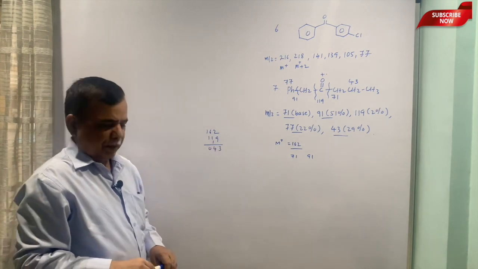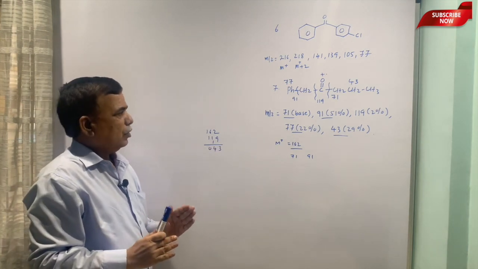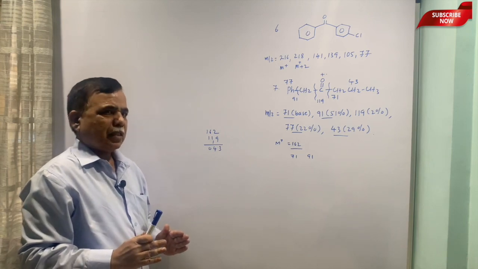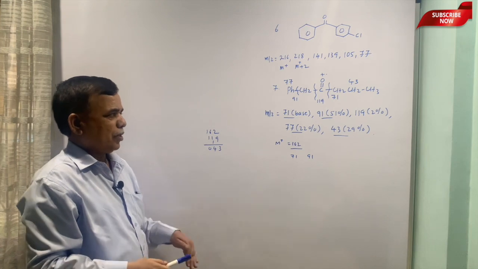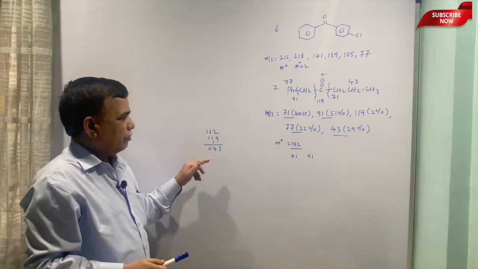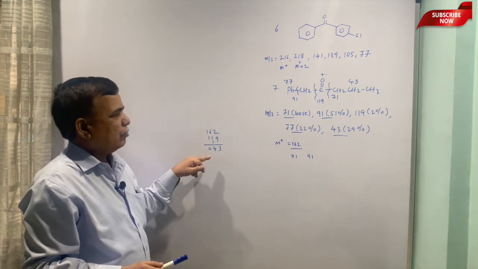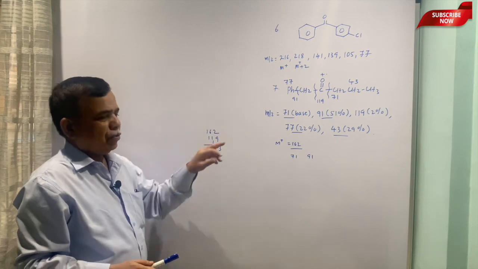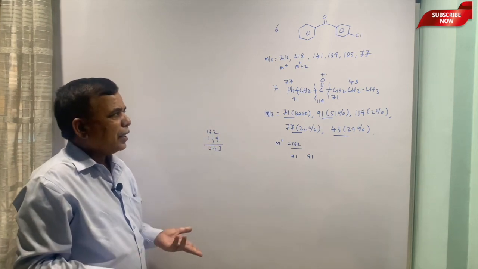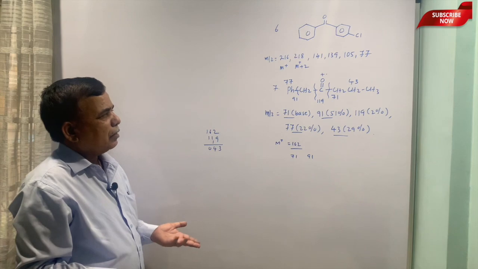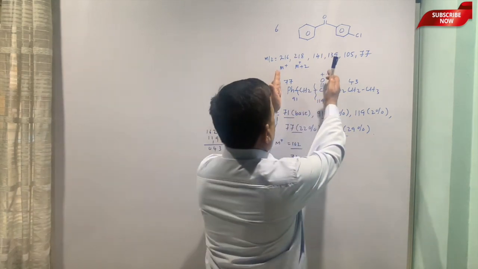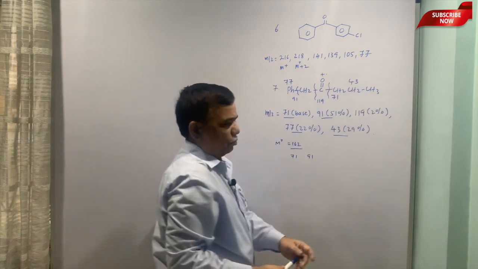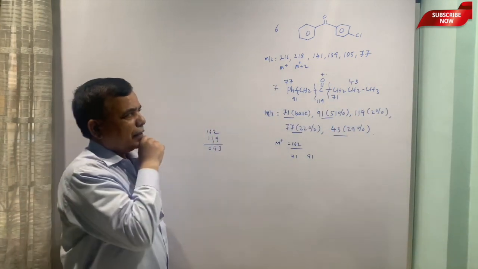One thing you have to keep in mind is that only the positively charged species, either the cation or the radical cation, would be detected. Accordingly, whichever fragment you want to check, that should contain a positive charge. So if 119 is the requirement, then the positive charge should be on this side, this should go out as a radical, and that is the only thing.